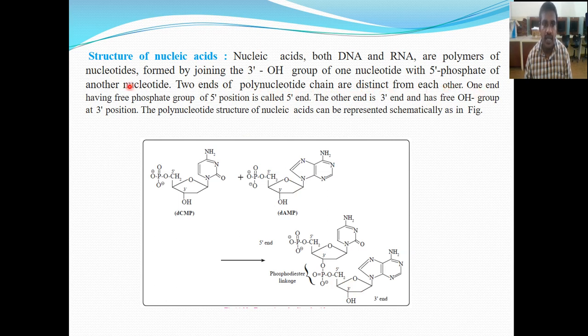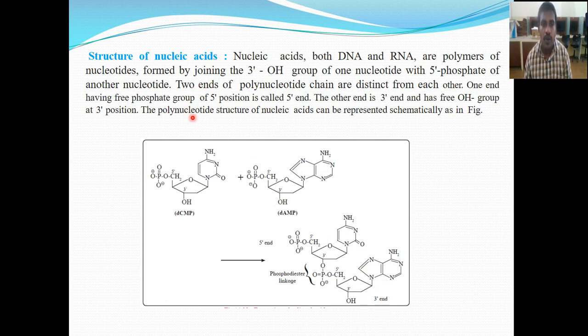One end has the free phosphate at the 5 prime position, called the 5 prime end. This is the 5 prime end, and the other is the 3 prime end, which has a free hydroxyl group at the 3 prime position.